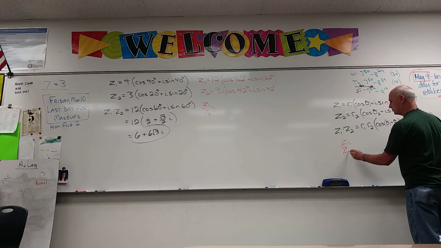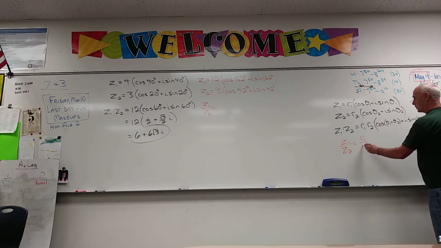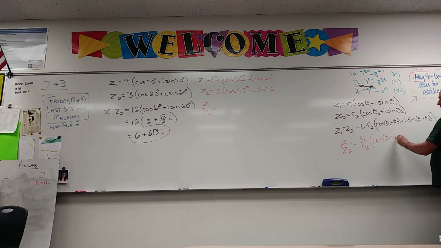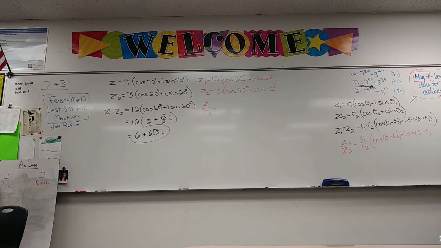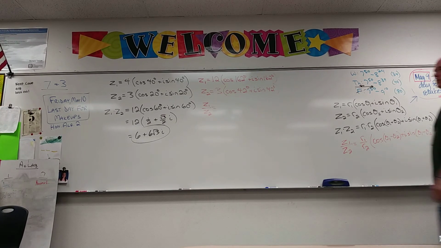So, tell me: r1 over r2 times the cosine of theta 1 minus theta 2 plus i sine of theta 1 minus theta 2. And I was correct. You could do that. You came up with your own formula. That's perfect.